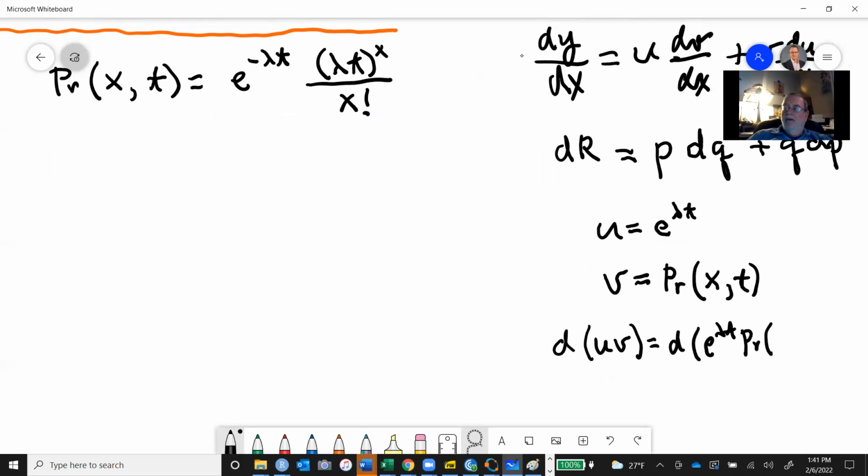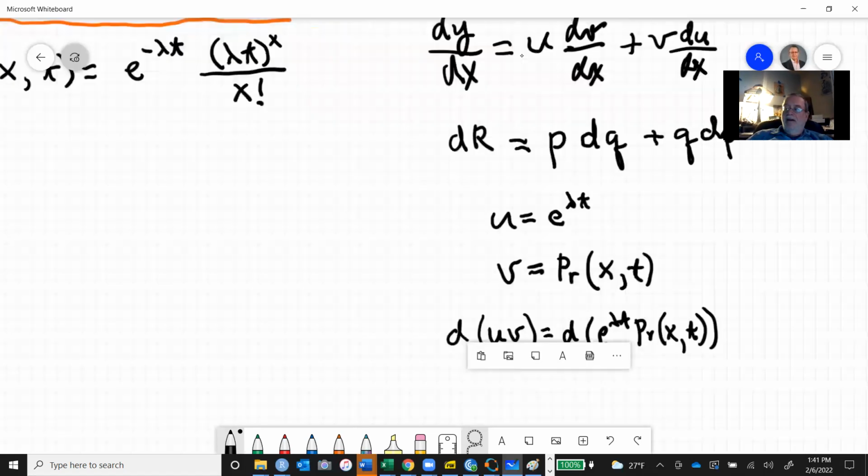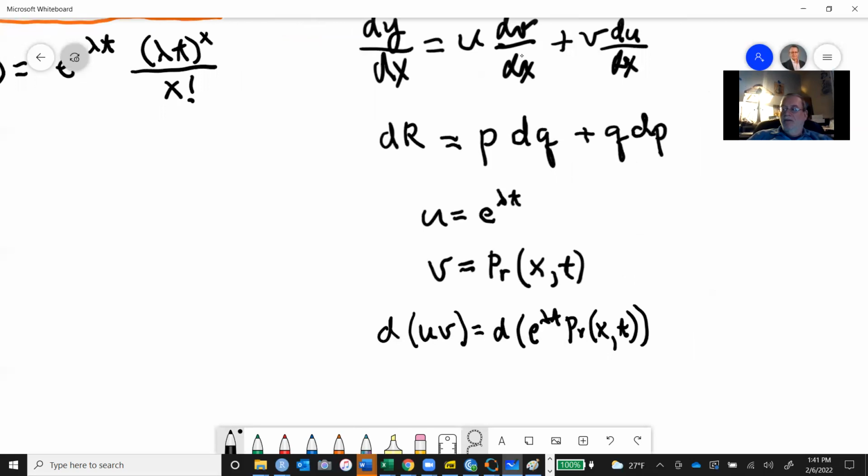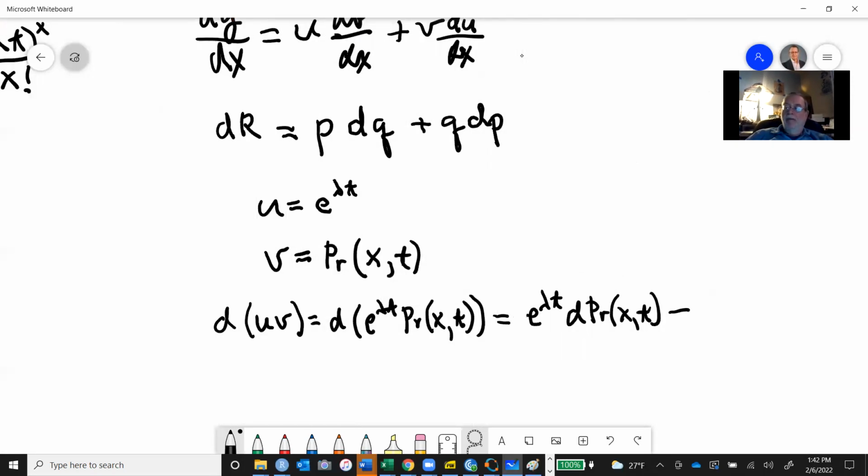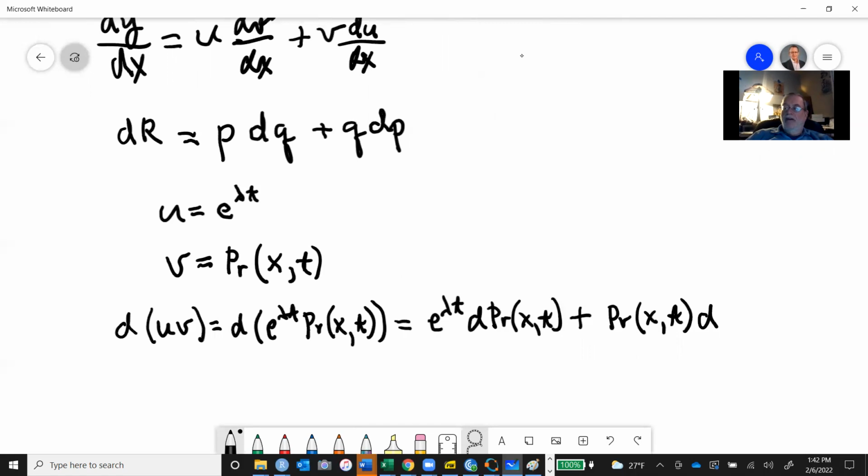This is all preview. We're going to see it's equal to e to the lambda t times the change in P of x at t, plus P of x at t times the change in e to the lambda t.